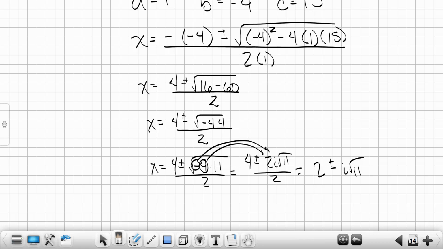There is no square root of 11, so it stays underneath. Once you're getting good at this, you should be jumping from here to this. This shouldn't be a step if you're getting decent at it.